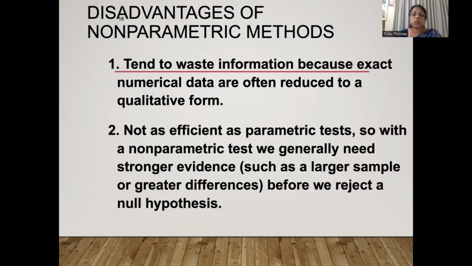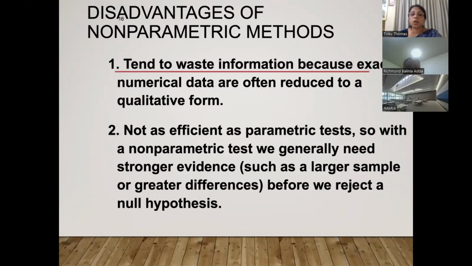So sometimes you may need a slightly larger sample size if you plan to do non-parametric tests as opposed to parametric tests. So these are the disadvantages of using non-parametric tests. Let me repeat, we can use non-parametric tests where the assumptions of normality or the assumptions of parametric tests are not met.